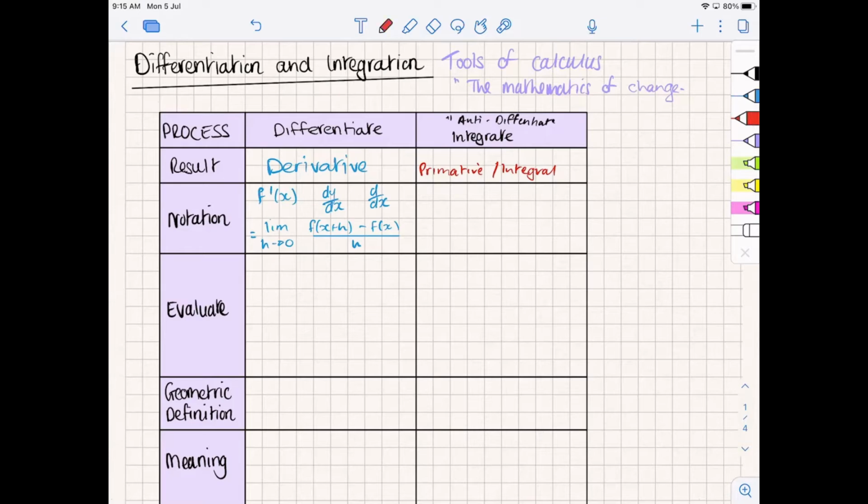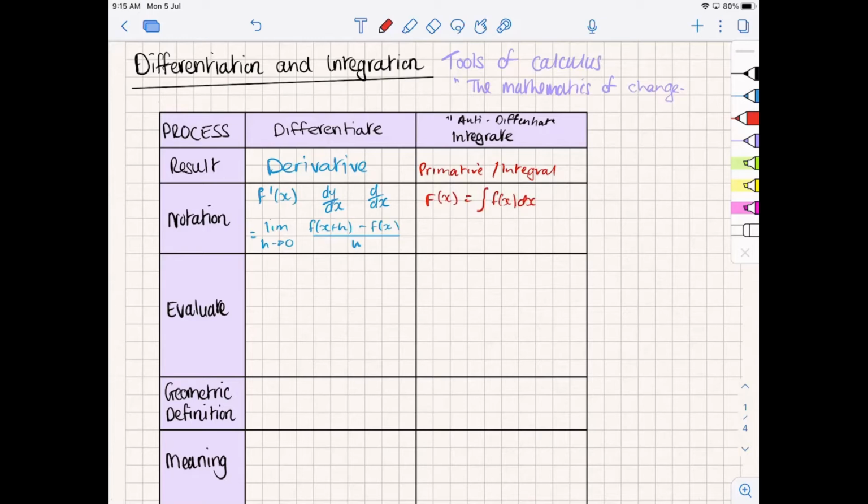Who can tell me what the notation for the integral is? Capital F of x. So we had big F of x. What was the whole fundamental principle around that? We were finding the original, integrating this function f of x with respect to x. And what do we call this?